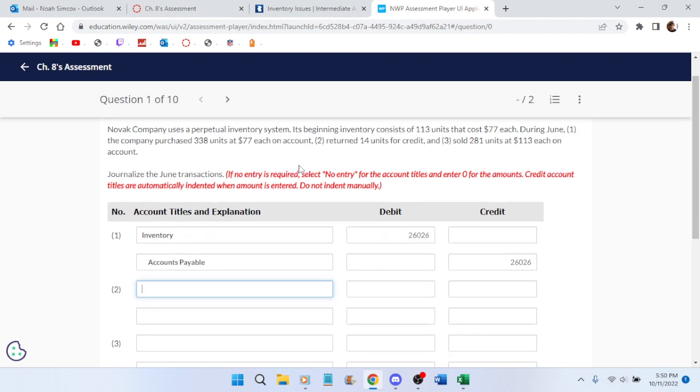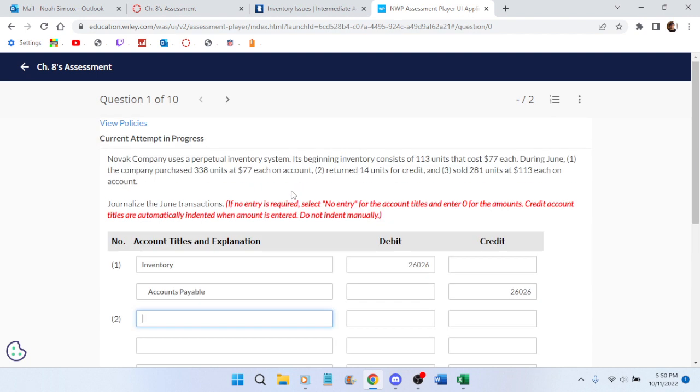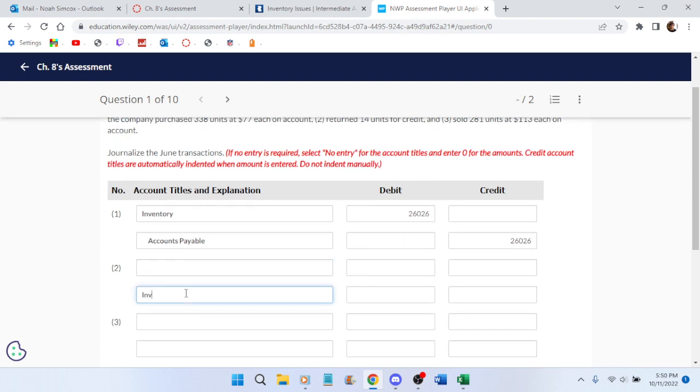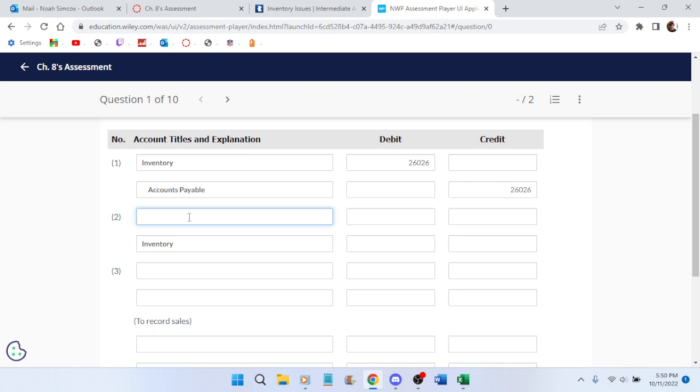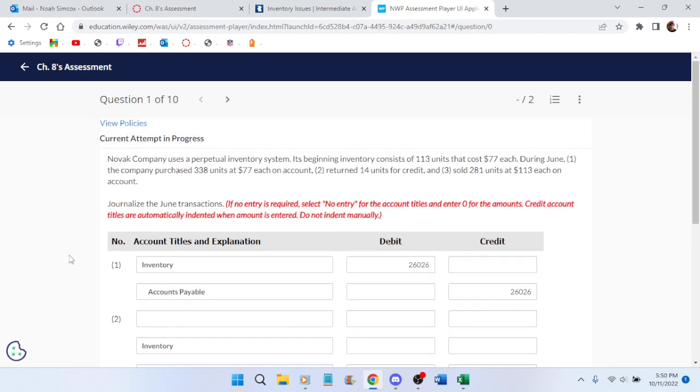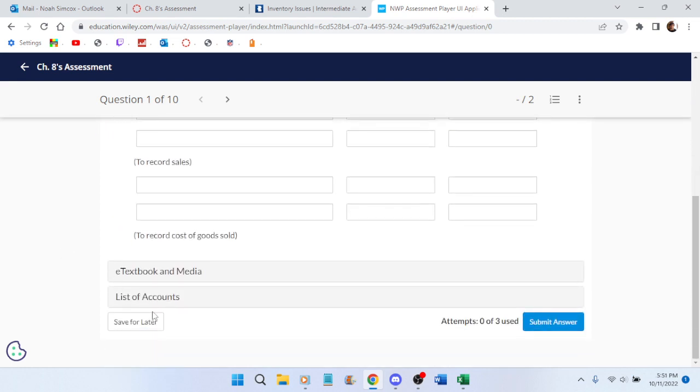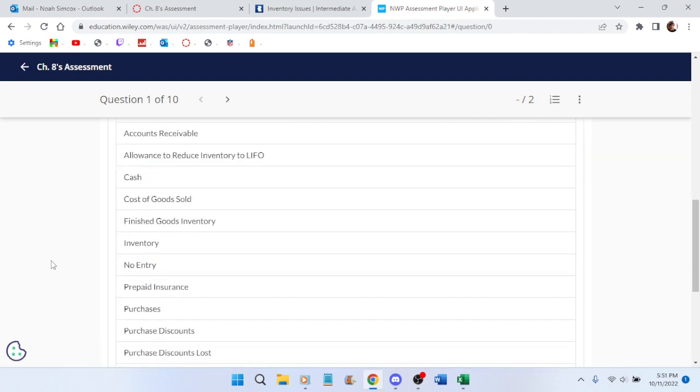What if it doesn't save my work? Does that mean you decrease inventory because you return the units? And accounts payable, they have a list of accounts that could give us a hint.